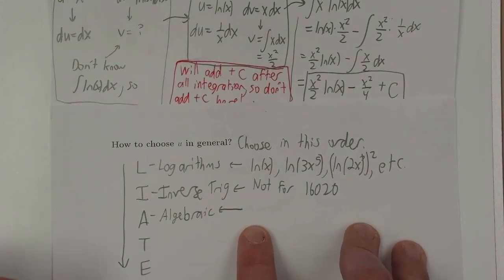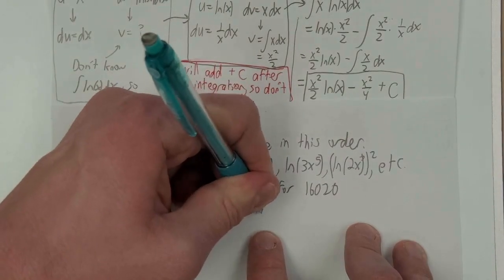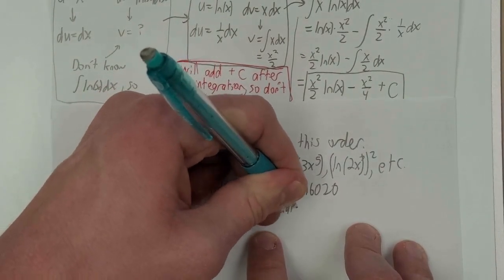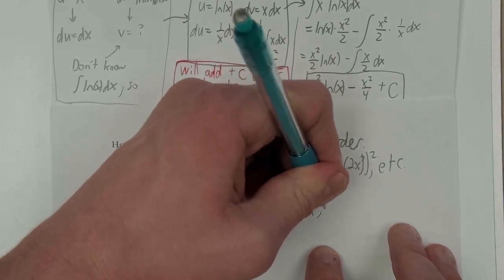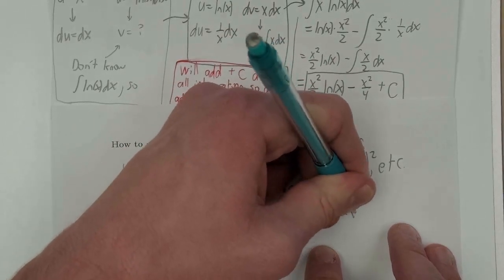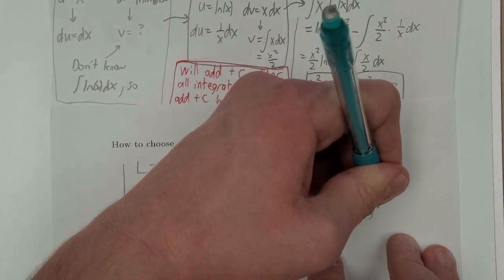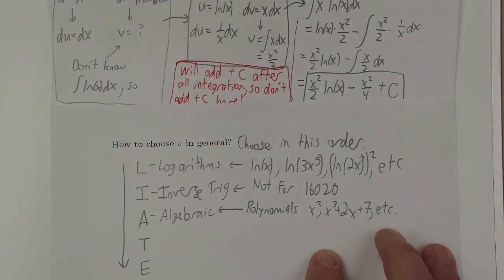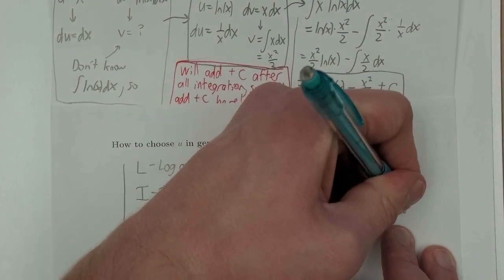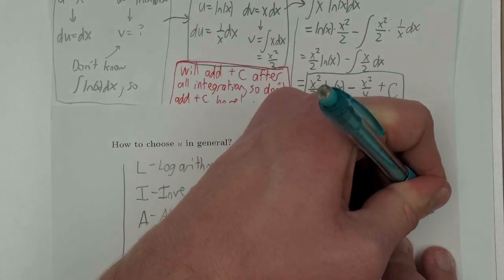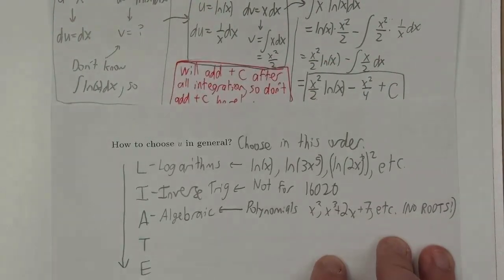So what I mean is polynomials like x squared, x cubed plus 2x plus 7, etc. One thing to keep in mind, though, is that you cannot have roots here. So no roots. Okay? So that's one thing to keep in mind with this.